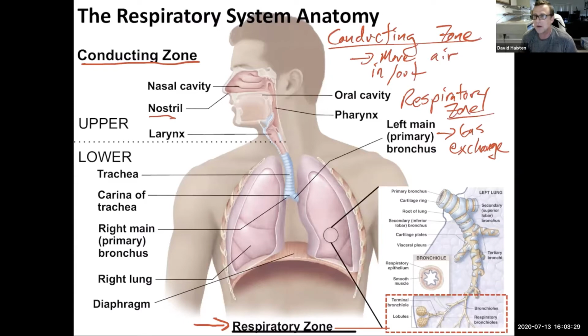Some of us are mouth breathers, but ideally you should take air in through your nares. Okay. Air is gonna move into your nasal cavity. Then it's gonna move on through the nasal cavity. And there's a common chamber behind your nasal cavity and your oral cavity. It is called the pharynx.